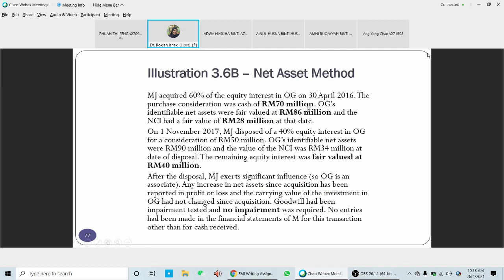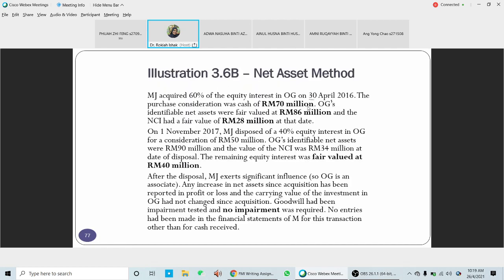Okay, so the method that we are using here is the net asset method. So net asset method, MJ acquired 60% equity interest in OG on 30th of April 2016.